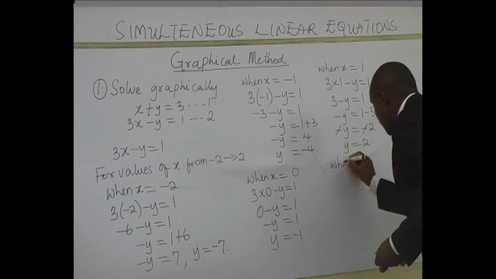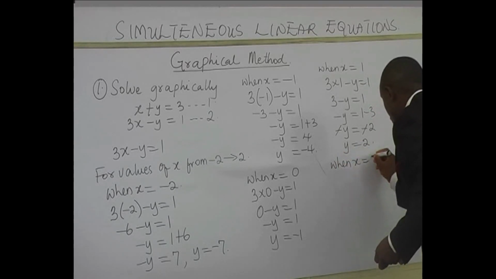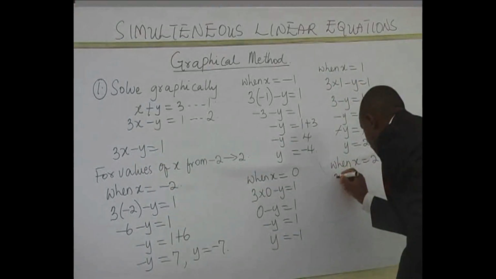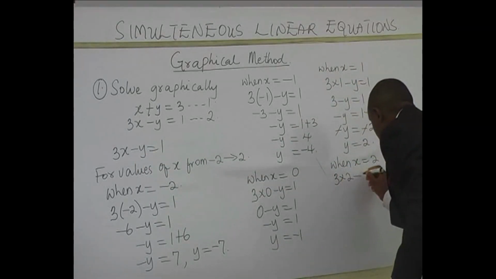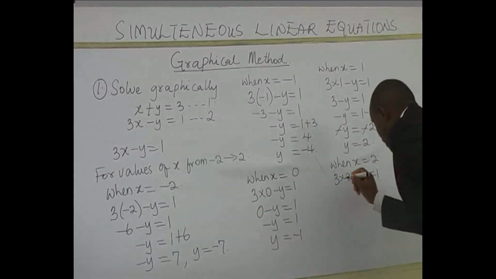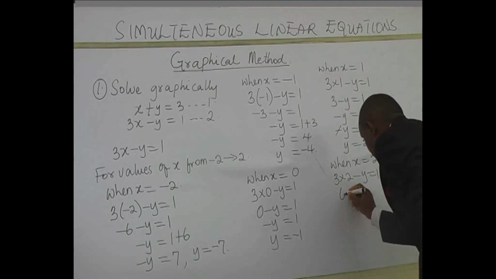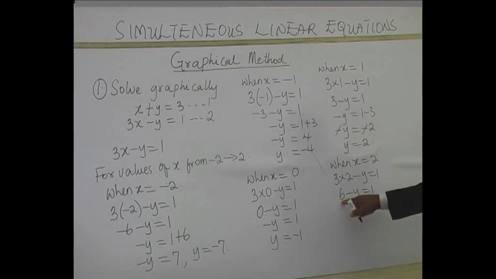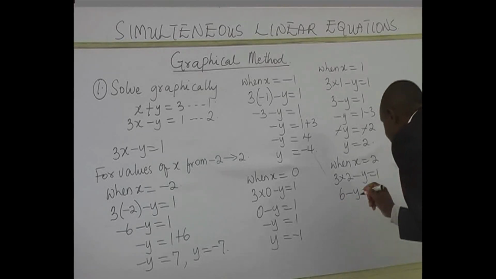So when x is equal to 2, from the equation, 3x now becomes 3 times 2, then minus y is equal to 1. 3 times 2 is 6, minus y is equal to 1. Take plus 6 from the left hand side of the equation to the right hand side, you are going to have minus 6.